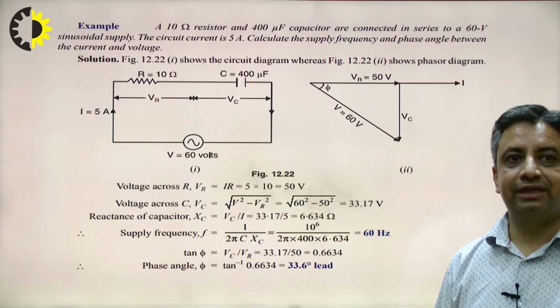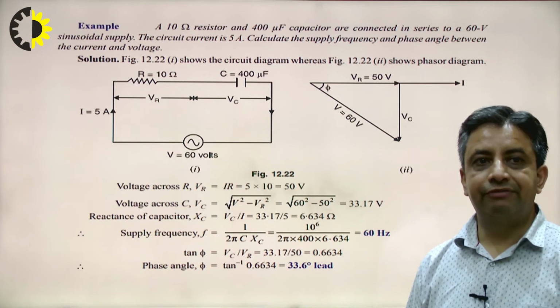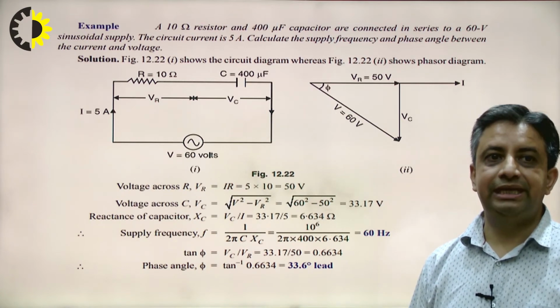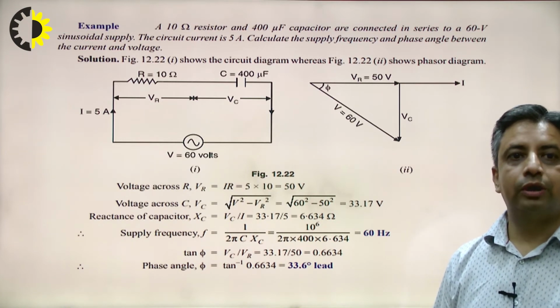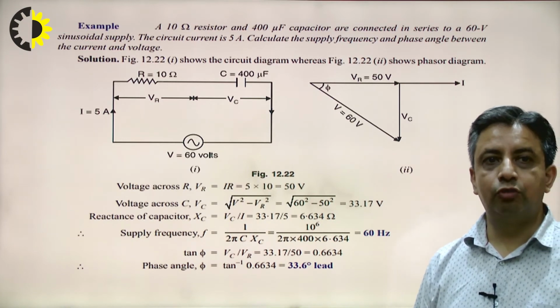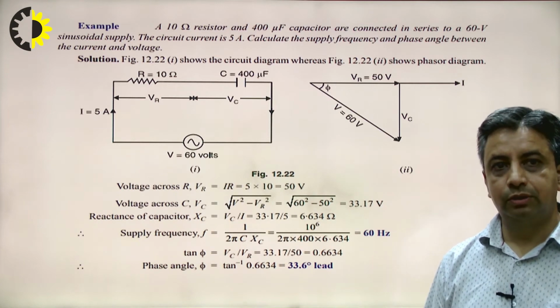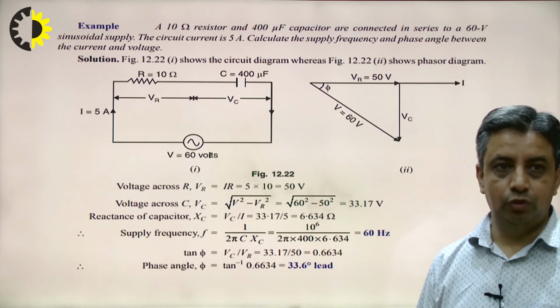So from this phasor diagram, we can find the value of VC. VC is equal to under root V square minus VR square. So putting the values, we got the voltage across the capacitor equal to 33.17 volt.